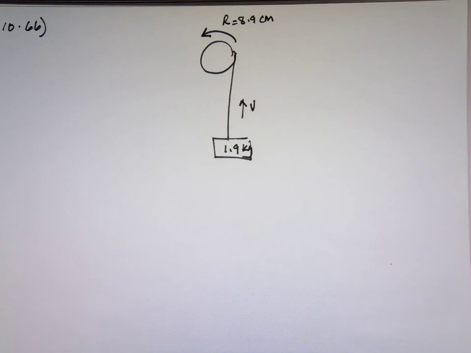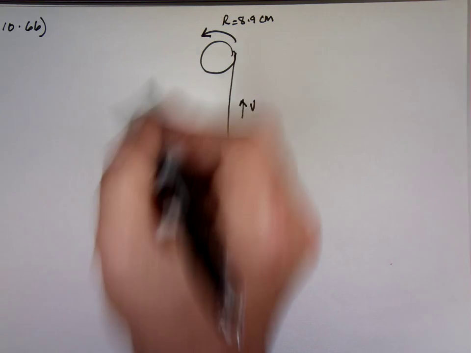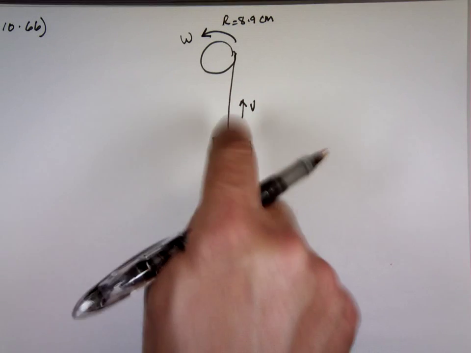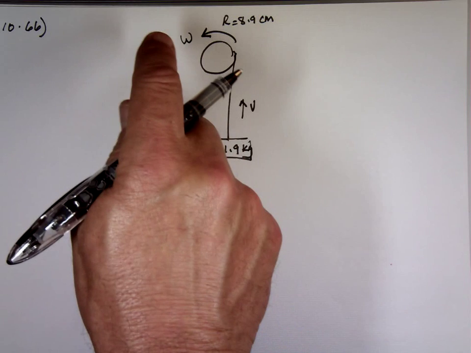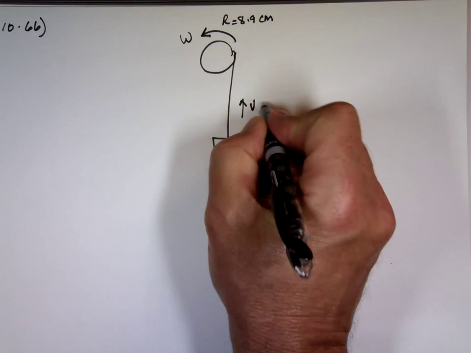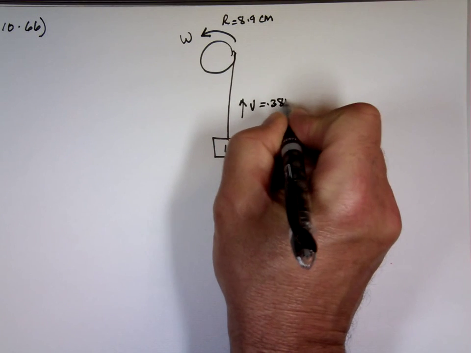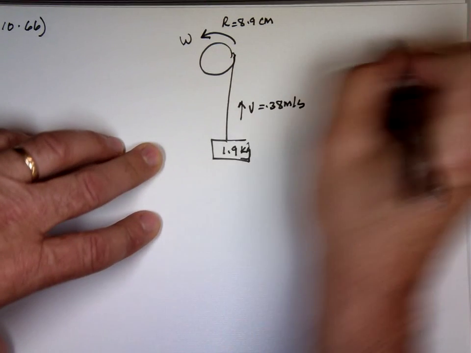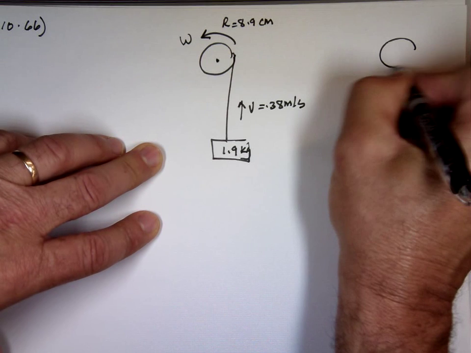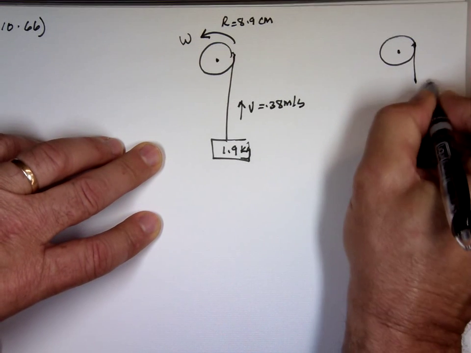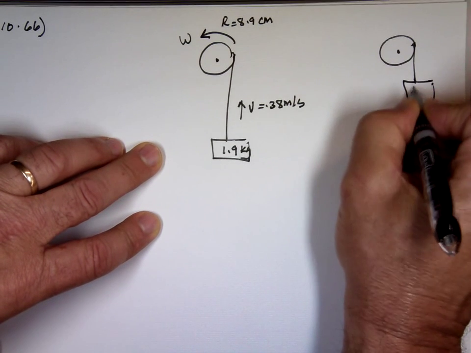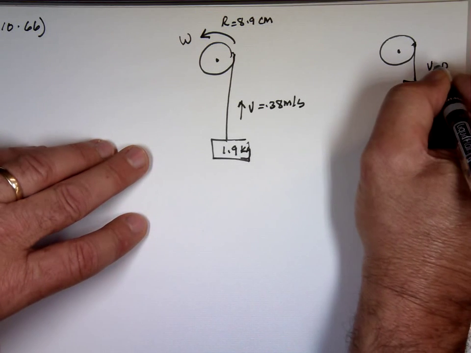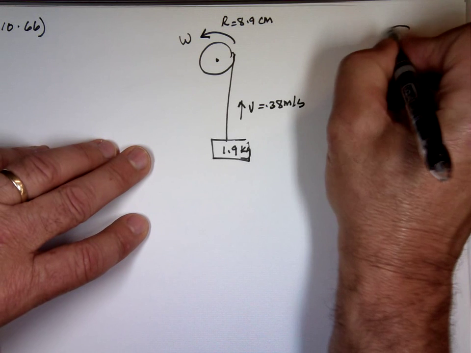Initially this was spinning at W. They're not telling us what W is, but they say that when you hook that weight to it, it moved up with a speed of 0.38 meters per second. The pulley is going to spin, and the 1.9 kilogram mass ends up with a velocity of 0. If V equals 0, that means W is equal to 0. It stops spinning.